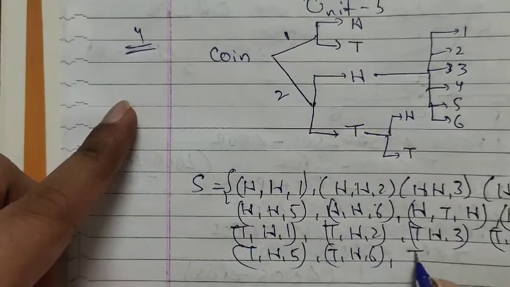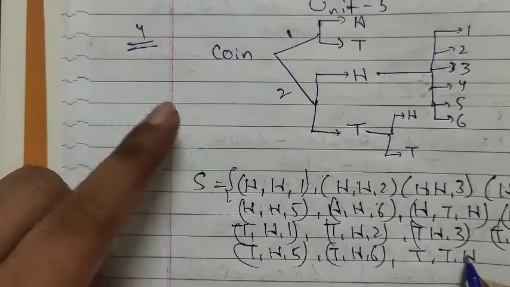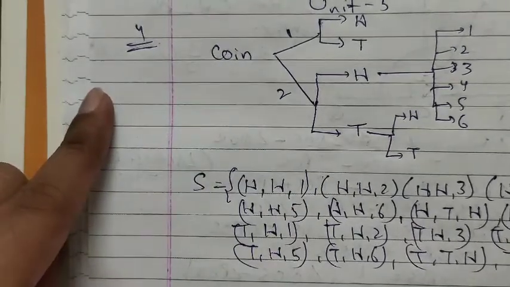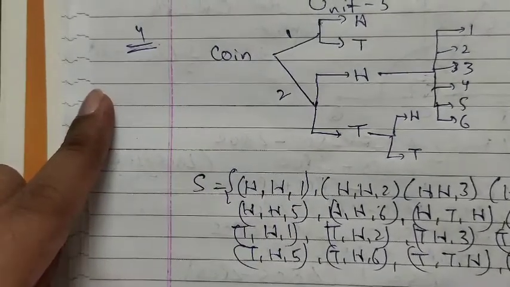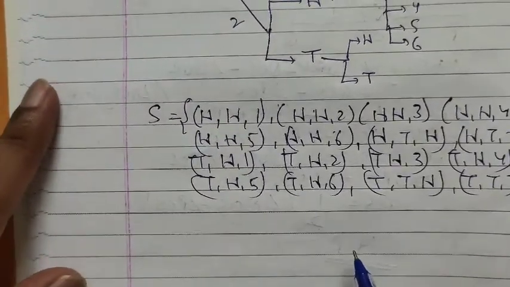If first is tail and second is tail, we can have tail, tail, head or tail, tail, tail. So these are the possible sample space.